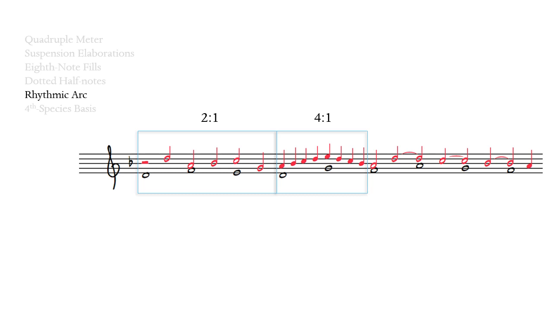The next two are in 4-to-1, and the last few measures are suspensions. This exercise follows all of the rules for each rhythmic proportion, but it still doesn't make for a very good Florid melody. The sudden gear shifts from half-note motion to quarter-note motion and back sound abrupt and unmotivated.